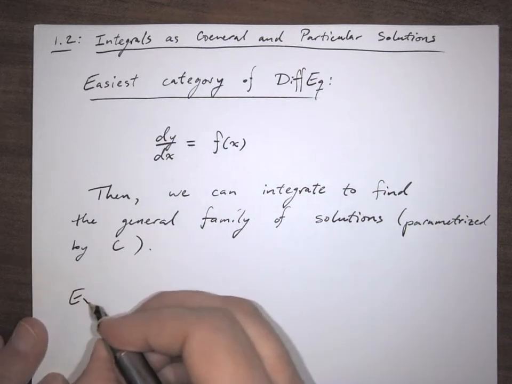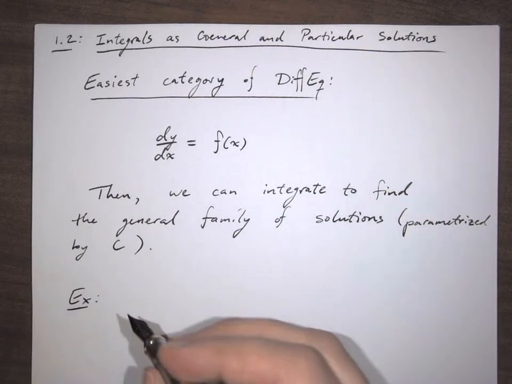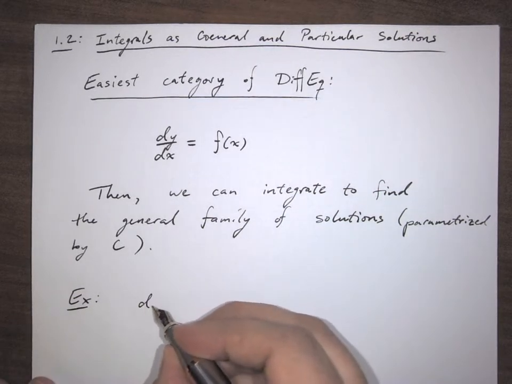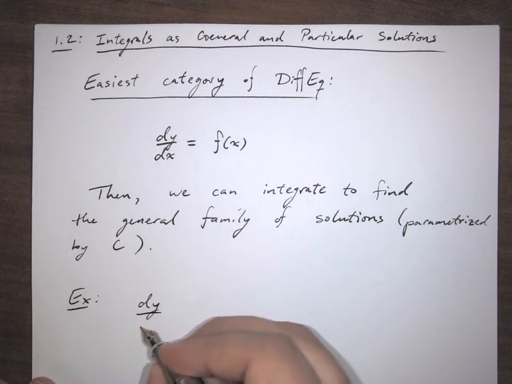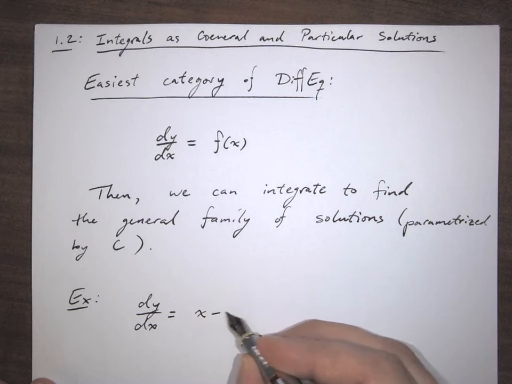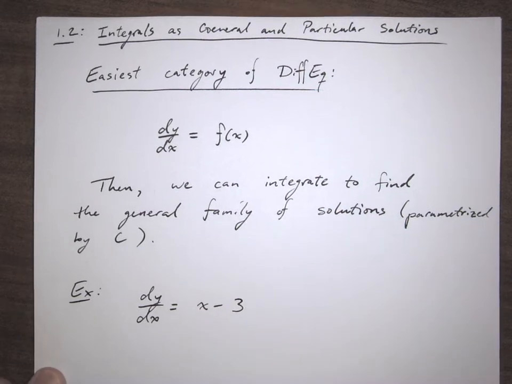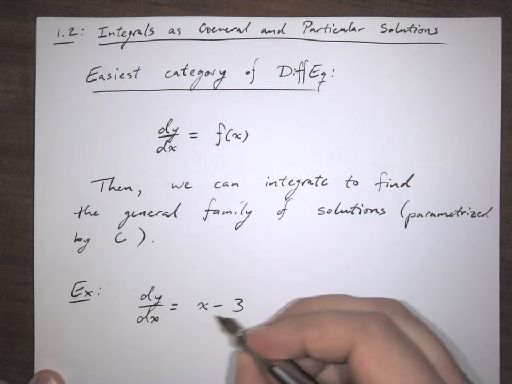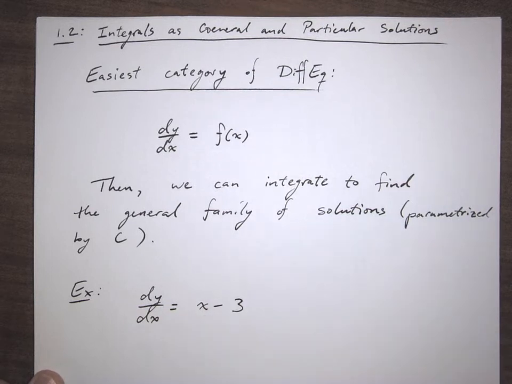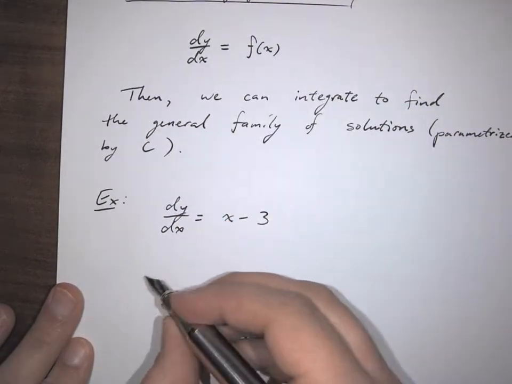So for example, to take a relatively easy case, let's start with dy/dx is equal to just something simple like x minus 3. So what we have here is the derivative of y with respect to x is nothing more than a function of x, which means that if I want to anti-differentiate it, that'll get me to the y.